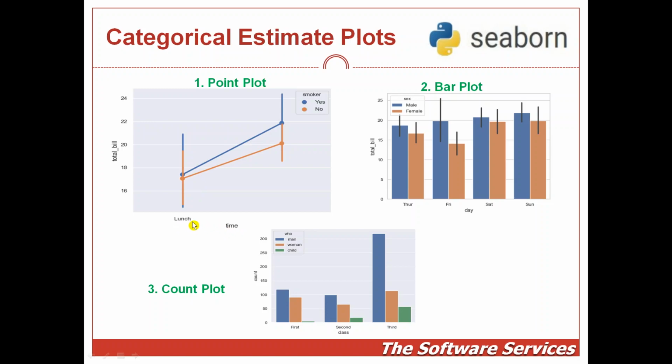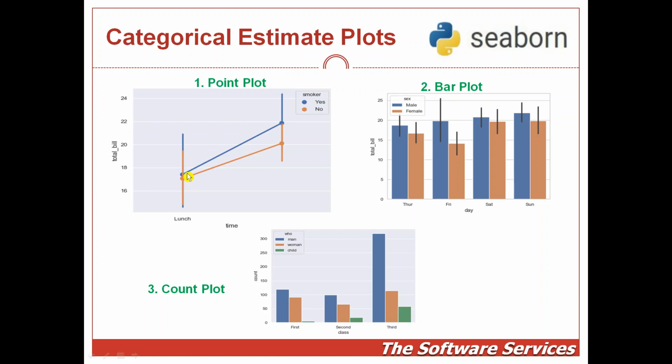The time is a categorical variable, total bill is a numerical variable. The lines which are shown here are the data points, and this middle one is the mean, okay.